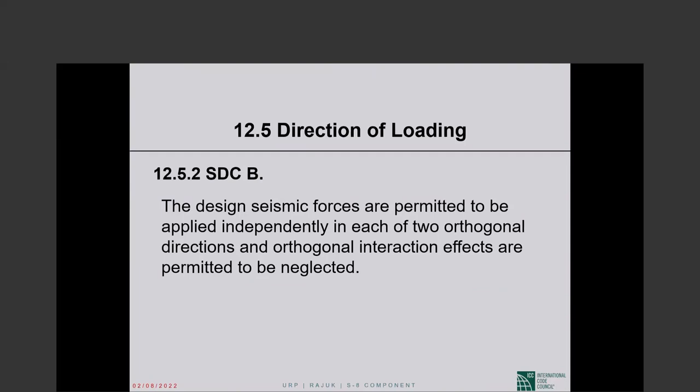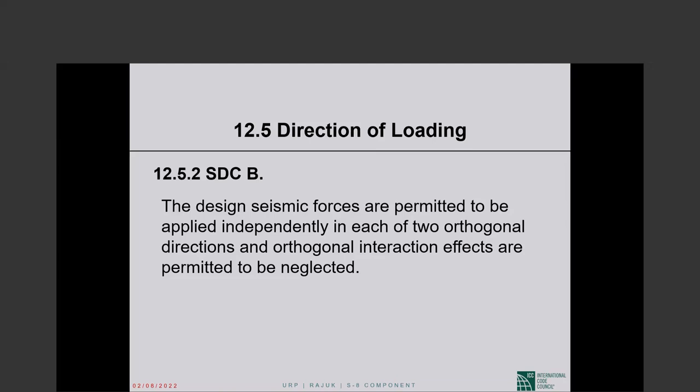At the same time, if you have design category B, the design seismic forces are permitted to be applied independently in each of two orthogonal directions, and orthogonal interaction effects are permitted to be neglected. So if you have a design category B building and you don't consider these orthogonal effects, you will be fine.